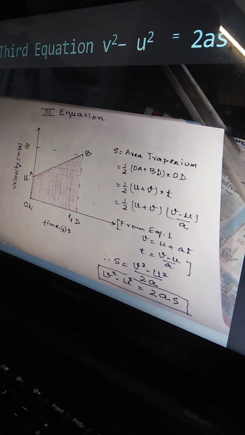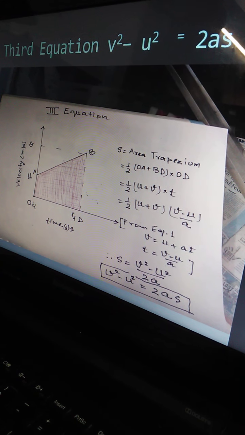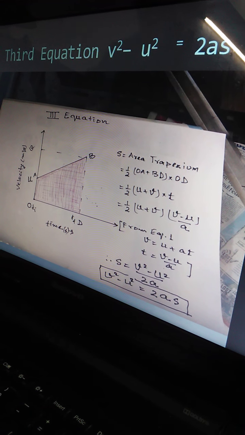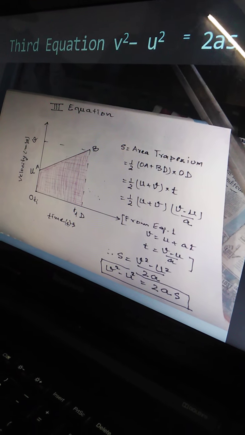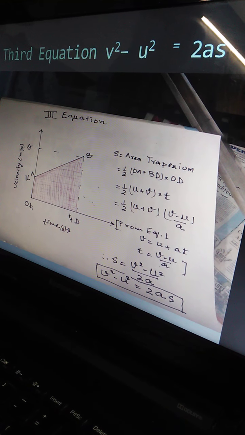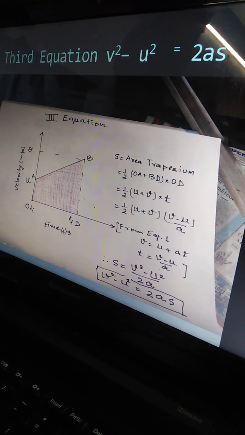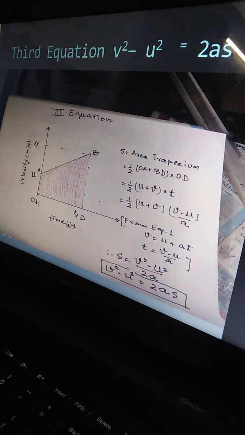Why? v square minus u square. Remember your algebra formula: (a plus b) multiplied by (a minus b) gives you a square minus b square. Got it? Yes. So, another equation of motion we got: v square minus u square equals 2as.